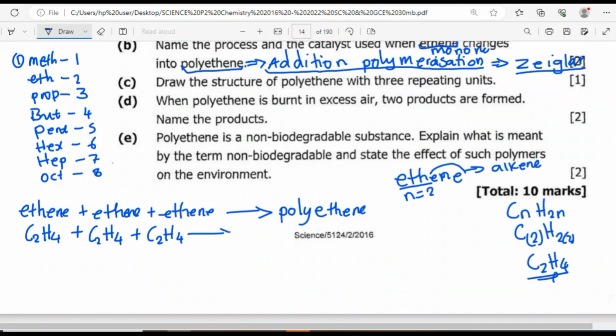Then how are we going to write the chemical formula? We just have to add the number of carbons. So 2 plus 2 plus 2, we have 6. So 6 atoms of carbon total. Then for hydrogen, we have 4 plus 4 plus 4, which gives us 12. So that's what you do whenever you are dealing with the molecular formula.